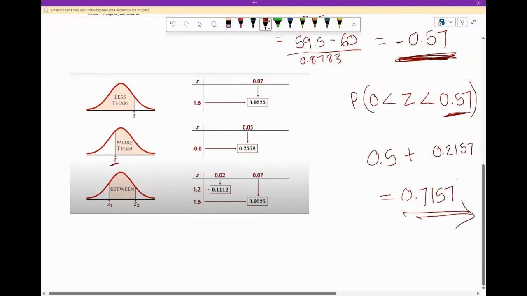You must interpret the answer. So I'm going to give you the fact that this is 71.57%. So guys, let's interpret now.